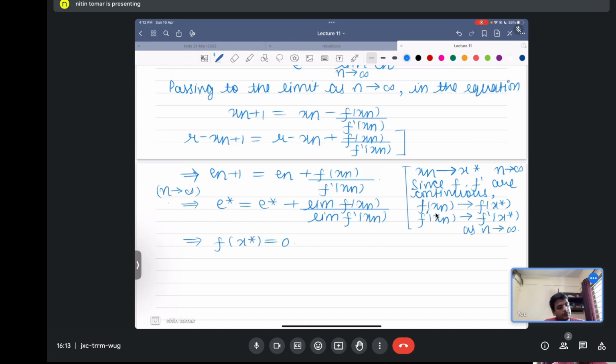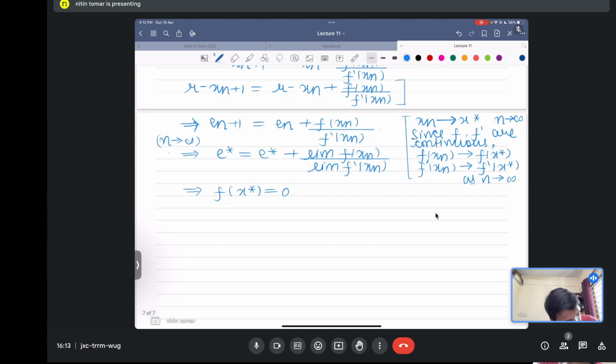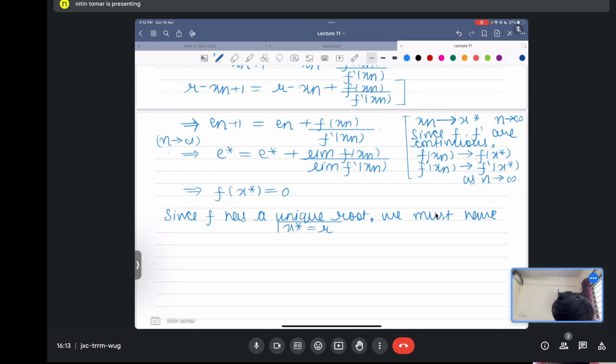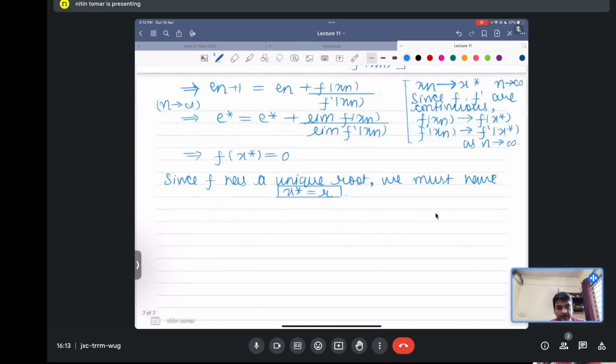Okay, but since f has a unique root, you must have that x star is actually equal to r. So what have we proved finally?